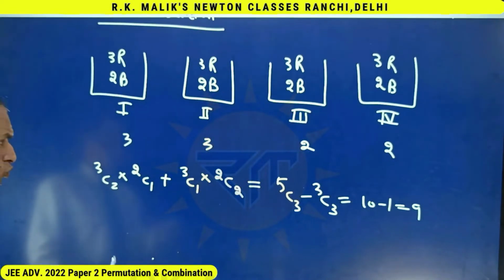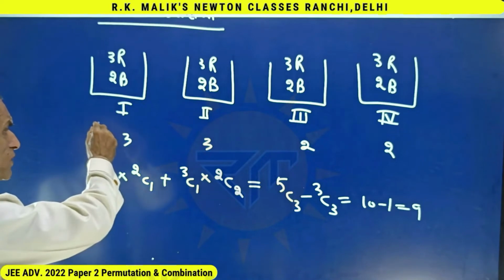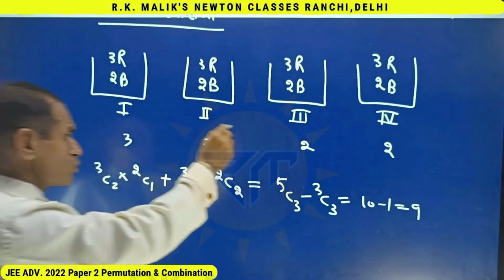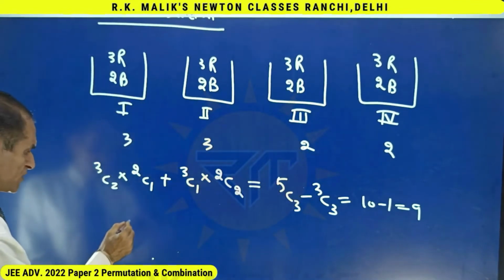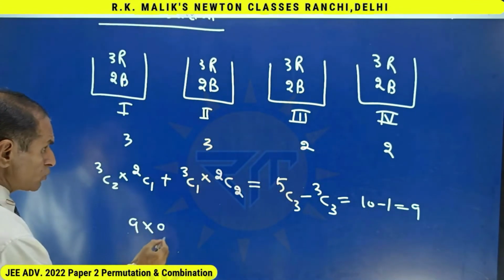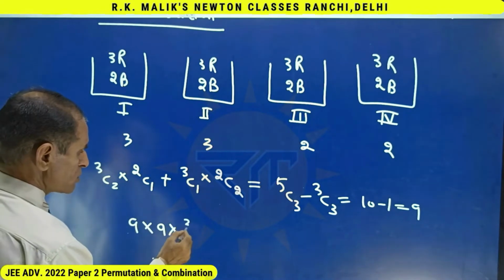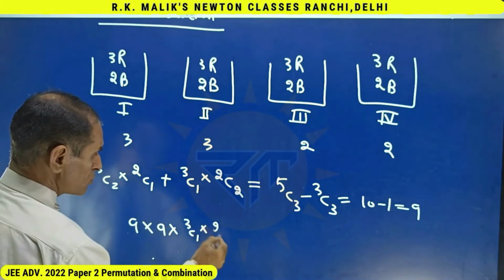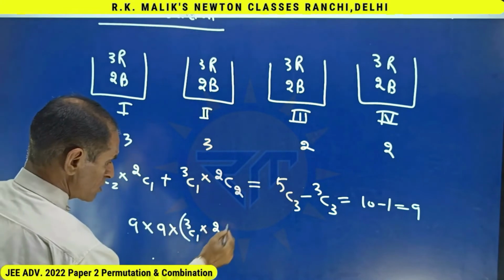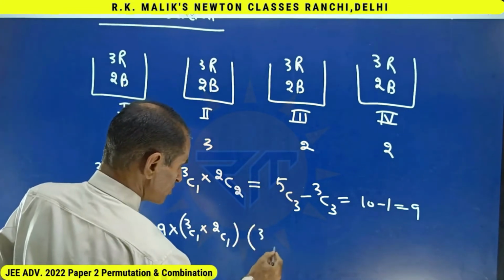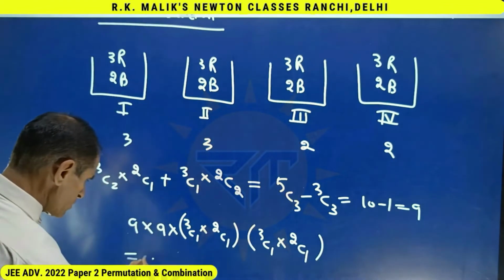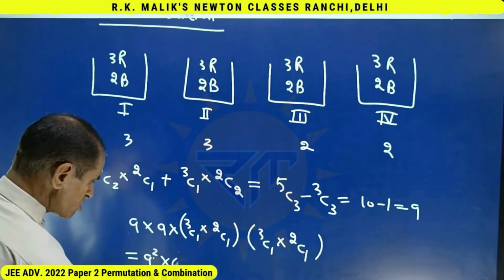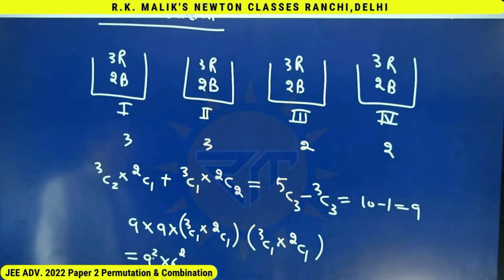Therefore, the number of ways of choosing balls such that 3 balls from the first bag, 3 balls from the second bag, 2 balls from the third bag, and 2 balls from the fourth bag will be 9 into 9 into 3C1 into 2C1 into 3C1 into 2C1, that is 9 square into 6 square.